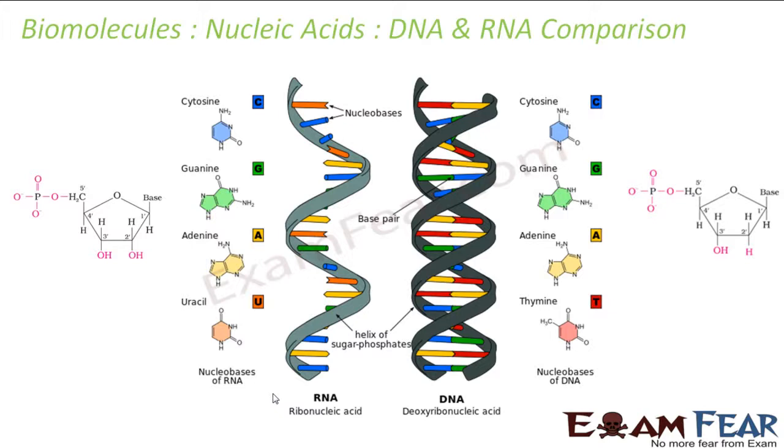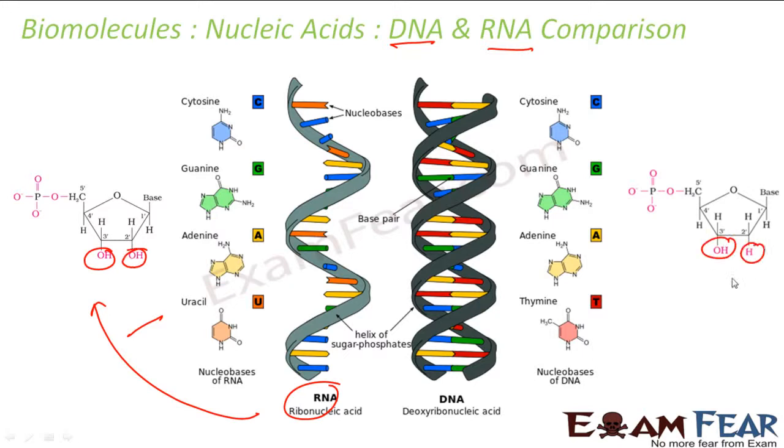So we compare DNA and RNA. DNA has deoxyribose, RNA has ribose sugar, right? If you see, this is for DNA, this is for RNA. This has 2 OH and this has 1 OH, right? This is my deoxyribose.